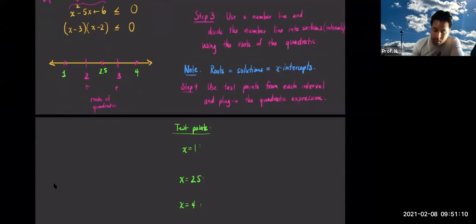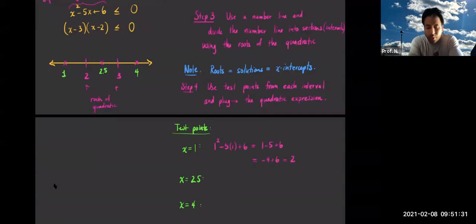So I'm going to plug it in. What's 1 squared minus 5 times 1 plus 6? I get 1 minus 5 plus 6. I get negative 4 plus 6, and I get a 2. Now you guys are like, wait, why do I care about what the quadratic is?